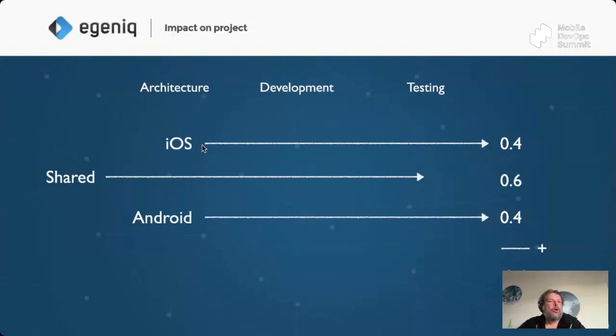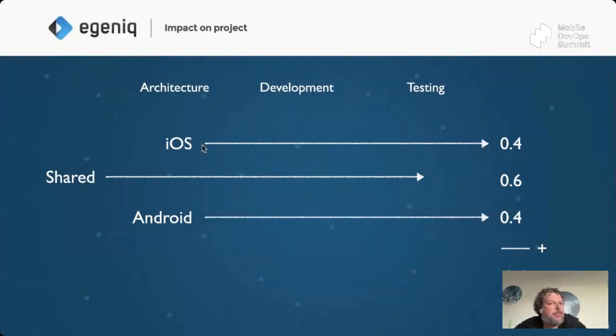If you look at the shared core benefits and you put that in that hypothetical model of cost analysis, it depends on, like I said, where you position that core inside your application. But suppose that you are able to move 60% of the code of your application into that shared core. For example, 60% is business logic, data models, etc., and all of the things that can be shared.